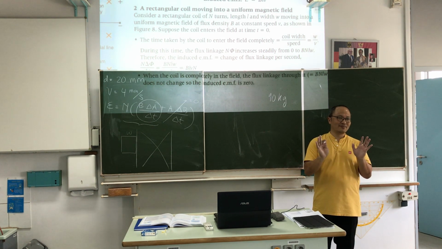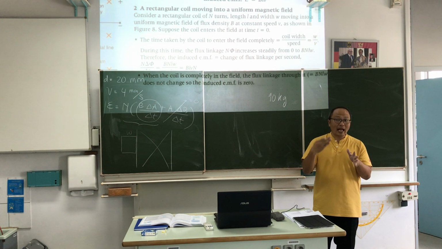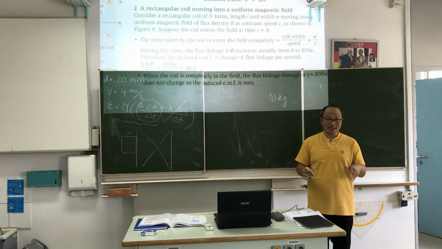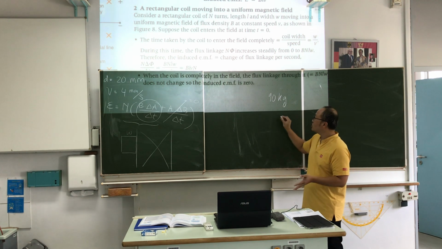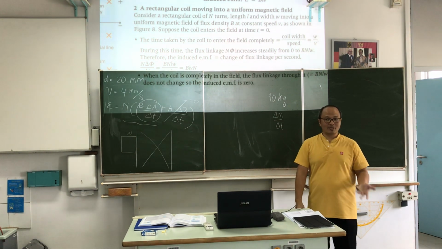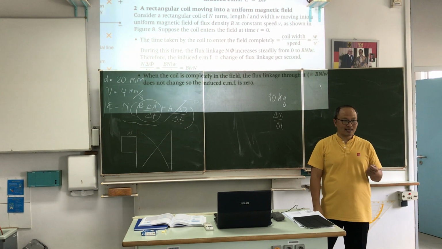No. Delta M equals 0. But does it mean that there is no mass in me? No, there is my mass, 90 kilogram, but there is no change of mass in me. Do you get it?